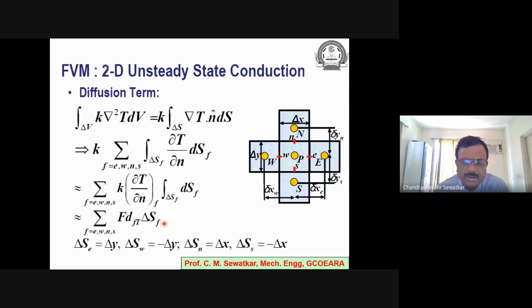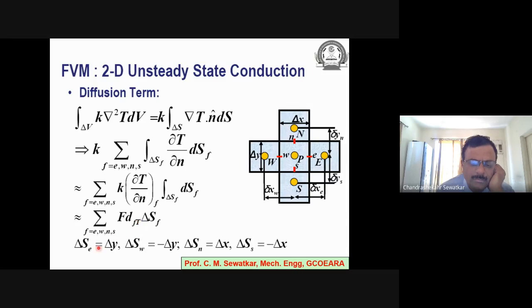Integral of dSF is delta SF. This is nothing but diffusion flux across the surface, and diffusion is of heat, and hence I am designating it by T. FDFT is diffusion of heat across the surface, across the face. That face may be east, west, north, south.